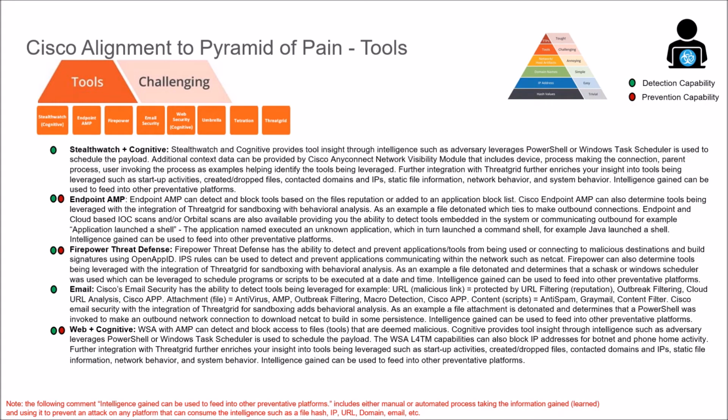Web and cognitive, so WSA with the advanced malware protection can detect and block access to files /tools that are deemed malicious. Cognitive provides insight into the adversary's behaviors. So the additional intelligence that's fed in through cognitive and Cisco Talos in general is certainly going to be helpful.